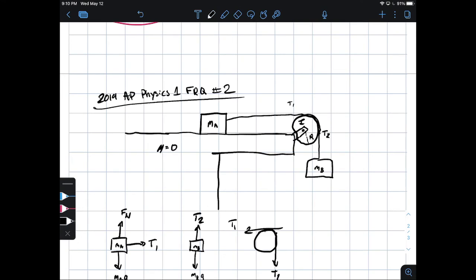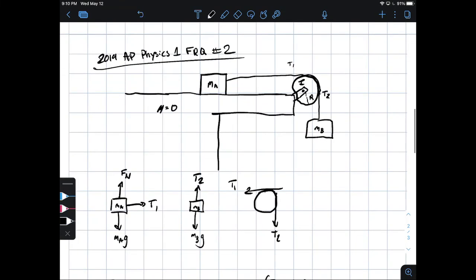And what we have to consider is that because of this unbalanced net torque, we're going to have a smaller acceleration for block B.